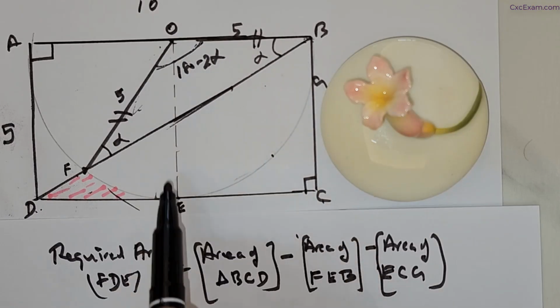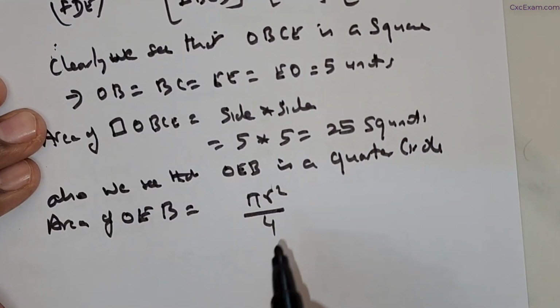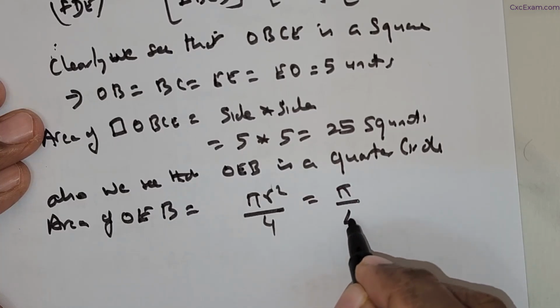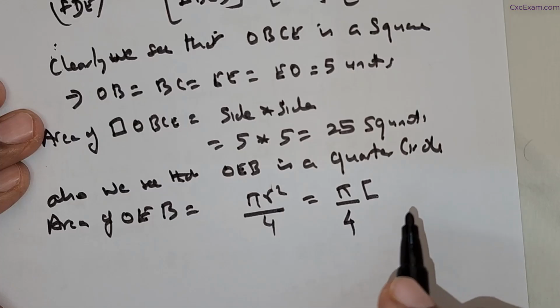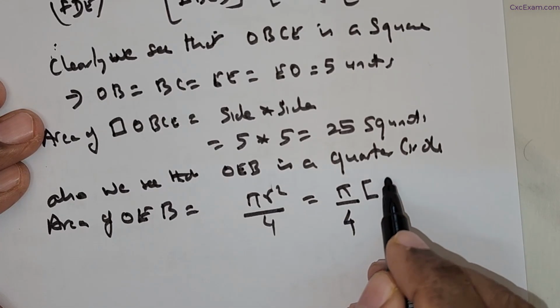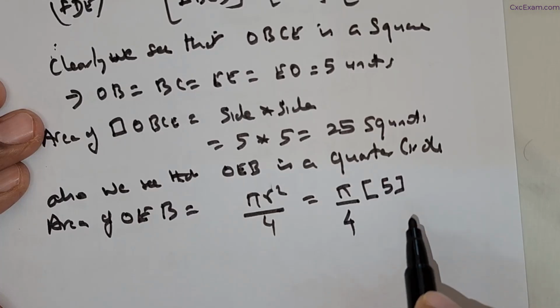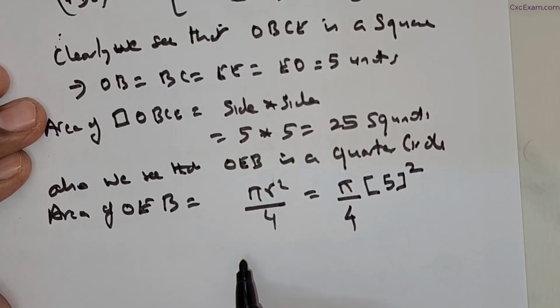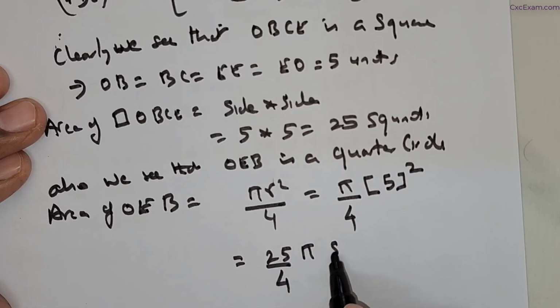OB is a radius, OE is a radius, so that's 5 units. So this is going to be pi over 4 times r squared. R squared is 5 squared, and that would give us an area of 25 over 4 times pi square units.